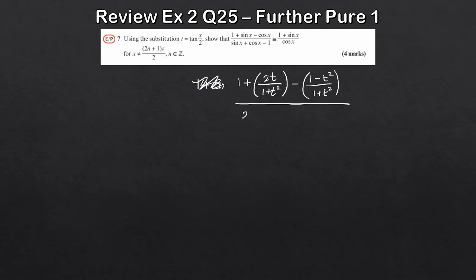If I just rewrite that: 1 plus sine x, so that's 2t over 1 plus t squared, minus 1 minus t squared over 1 plus t squared, and then this is all over sine x plus cos x, so that's 2t over 1 plus t squared plus cos x, so plus 1 minus t squared over 1 plus t squared, minus 1.